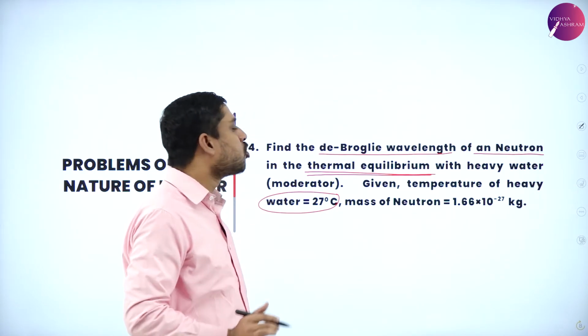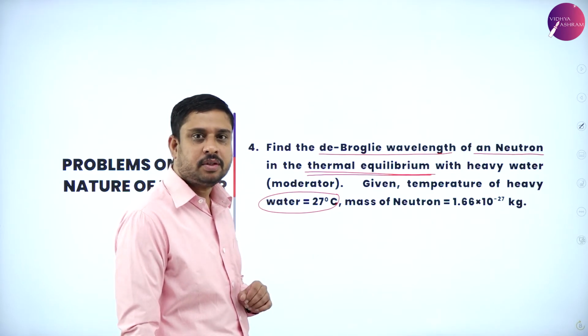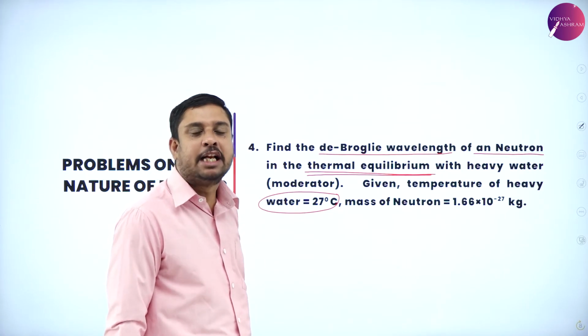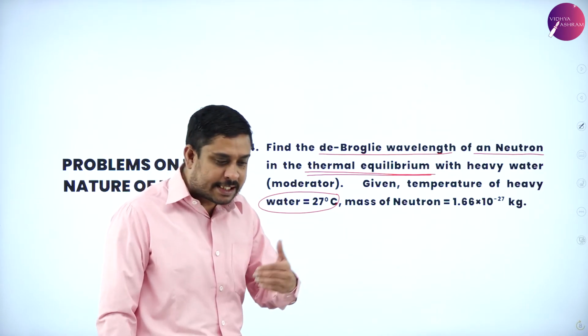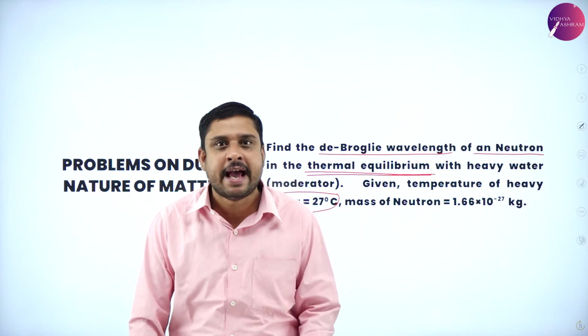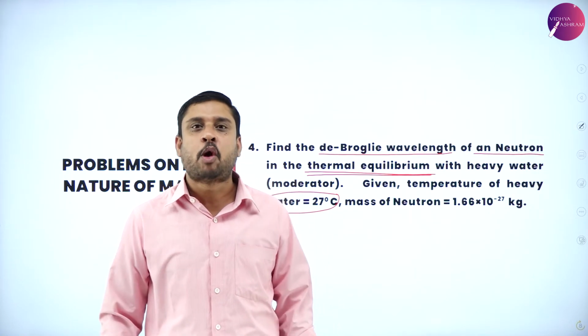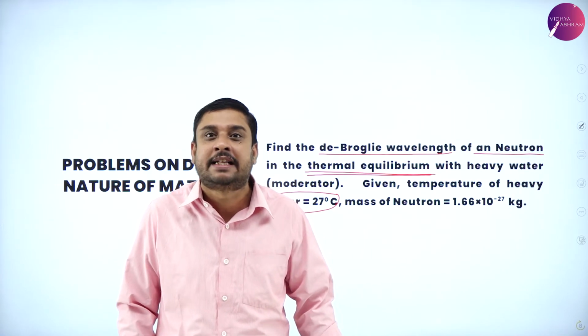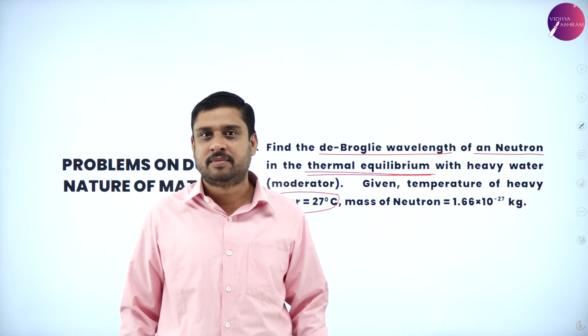Mass of the neutron is given. De Broglie wavelength has to be calculated.